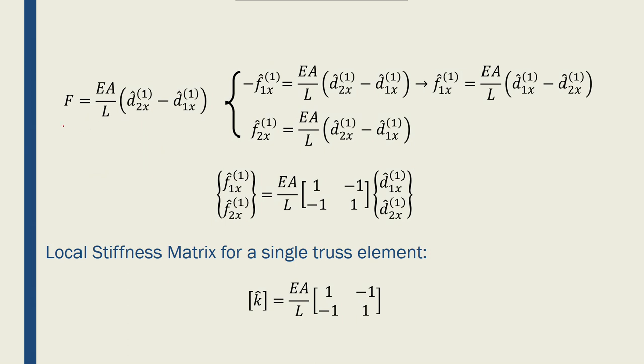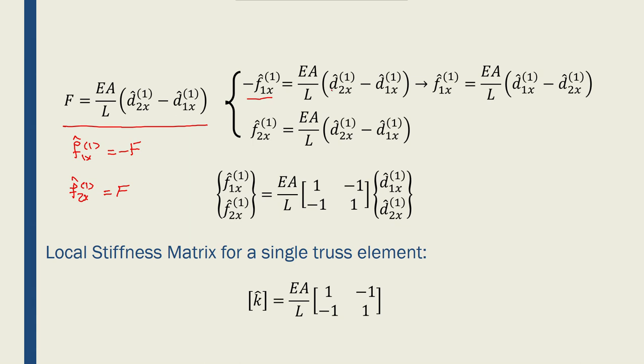Now, using that equation and using the information we found from equilibrium per node, that we had f1x is equal to minus f and f2x1 is equal to f, we can move on and write these equations. So minus f1x1, replace it there, EA over L times d2x1 minus d1x1, and f2x1 is equal to EA over L times d2x1 minus d1x1.